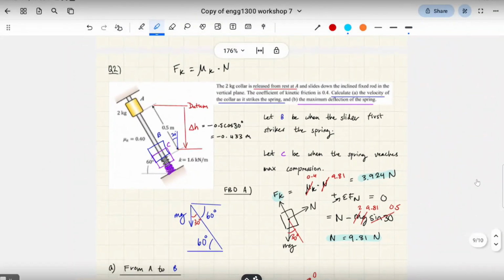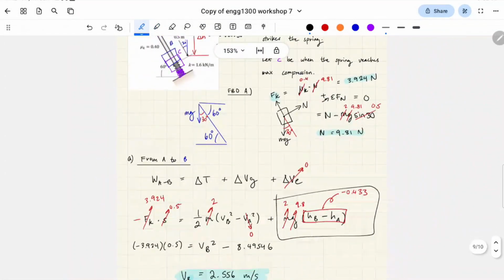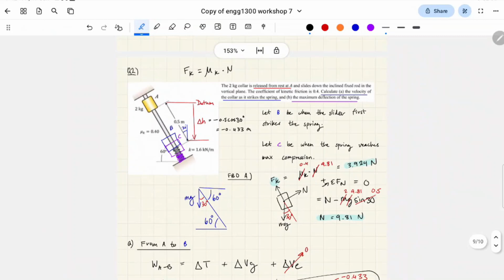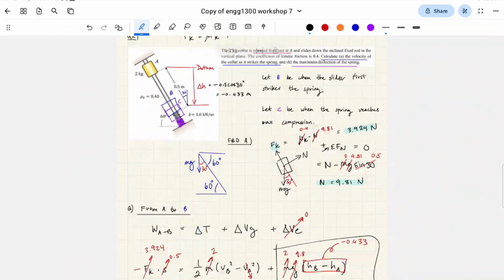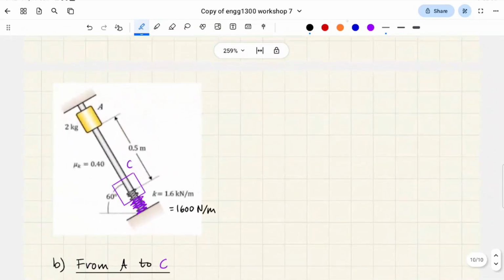Okay, so the second part is the maximum deflection of the spring, yeah? I'm going to do everything based on S, which is going to be the displacement.